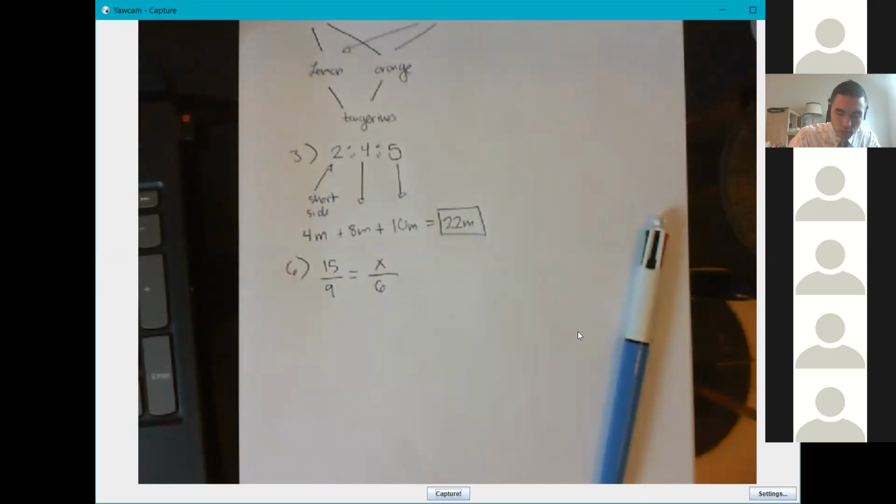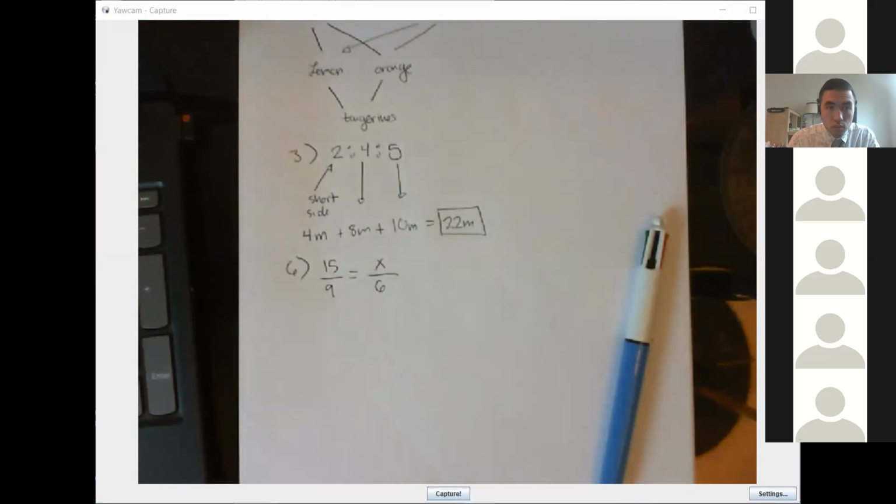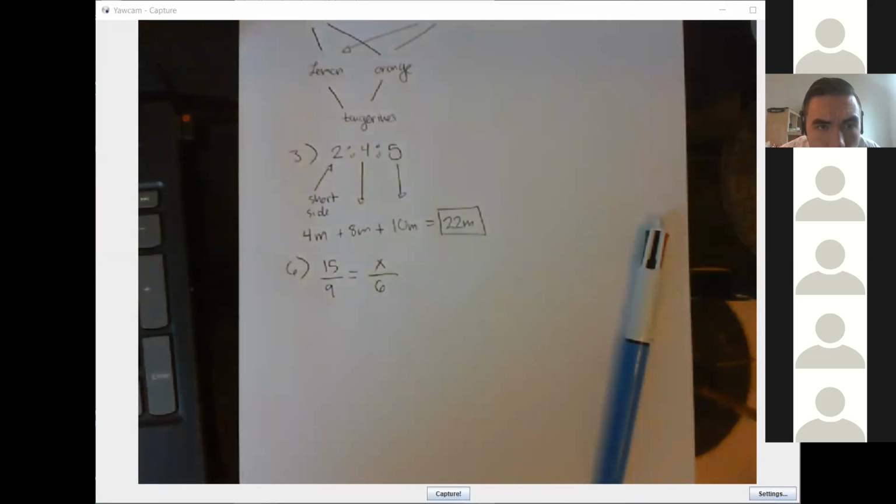Mr. Robinson, for number 12 on the second page, is the answer F? For 12 on the second page, we're looking for the length of CE.